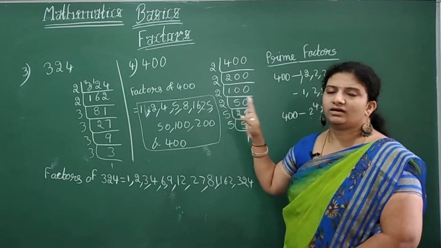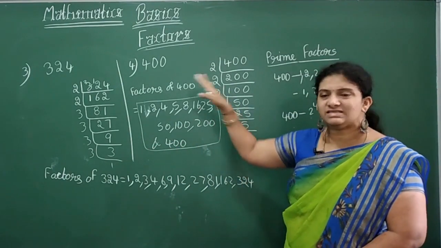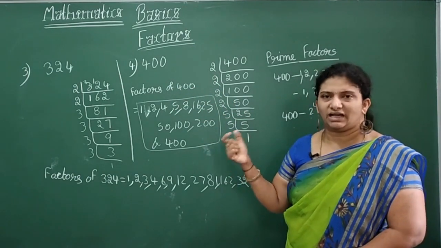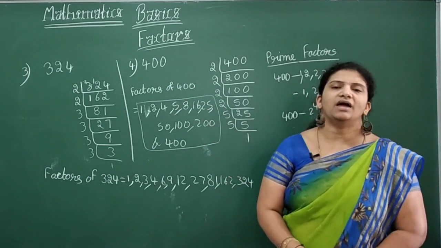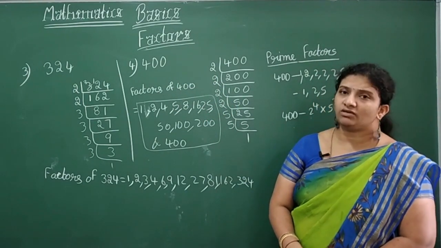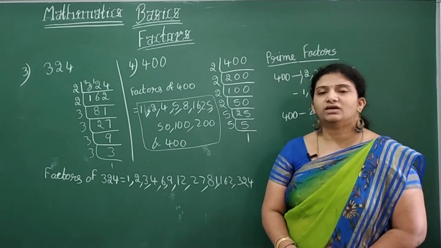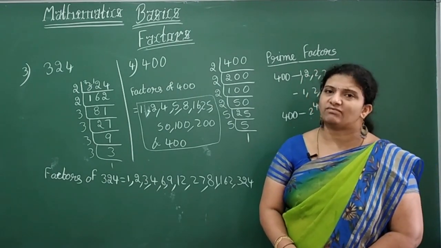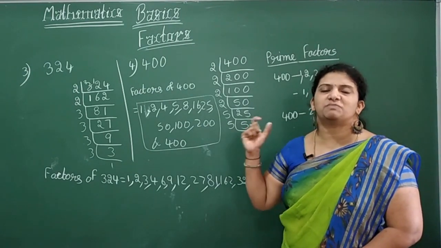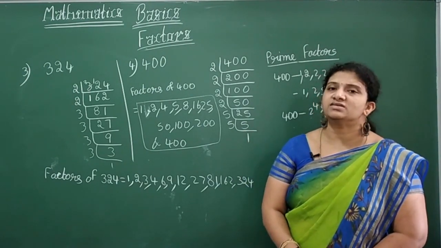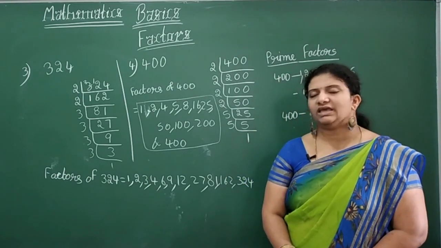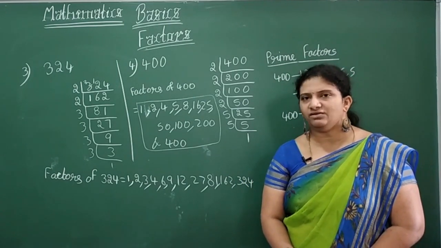See all the multiples of this number with all the tables, with which table it is multiplied, we have written here, and we said those are all the factors of these numbers. But coming to prime factors, when the question asks only for prime factors, only prime numbers you should multiply and split that number. Factors is nothing but the splitting of a number. Given number you have to split and write, children.